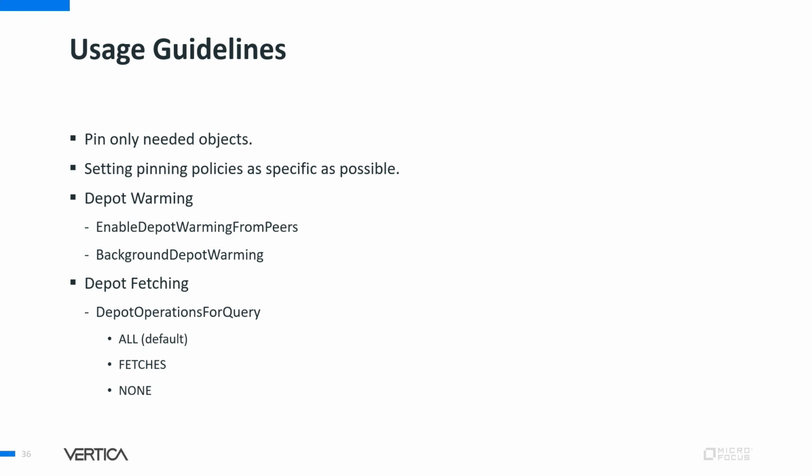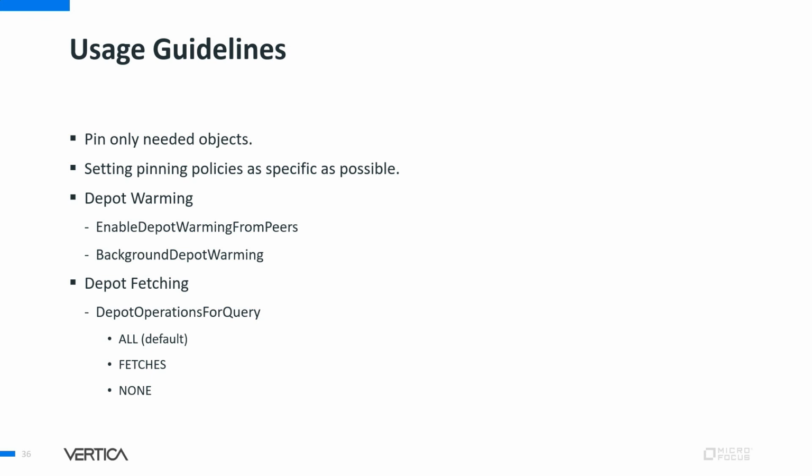Depot fetching. You can configure how you want to fetch data from the communal storage using the parameter called depot operations for query. You can set this parameter in 3 different ways.